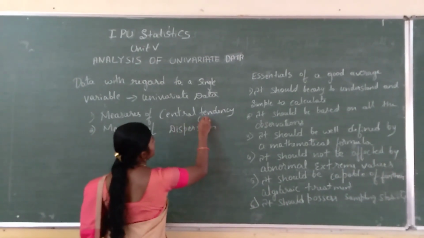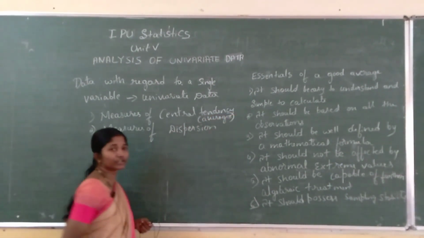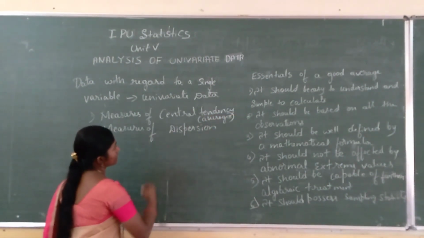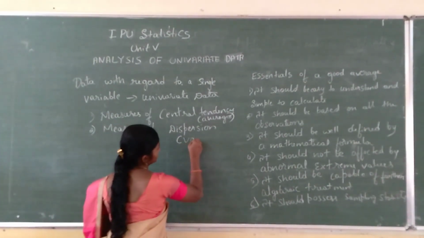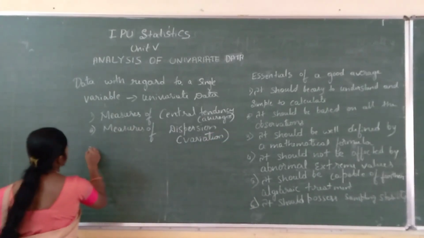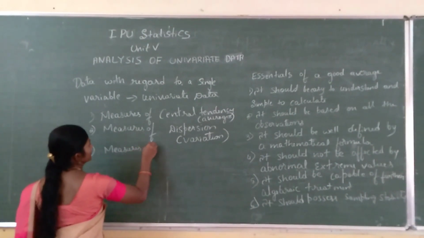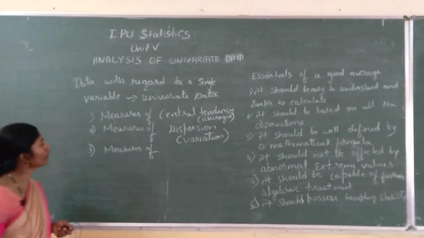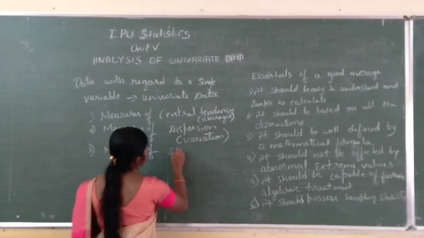Central tendency means we can say averages. Dispersion we can also say variation. Third, measures of skewness.